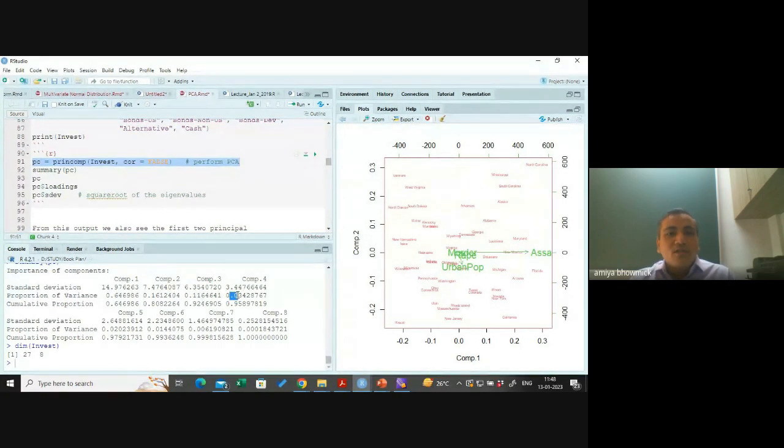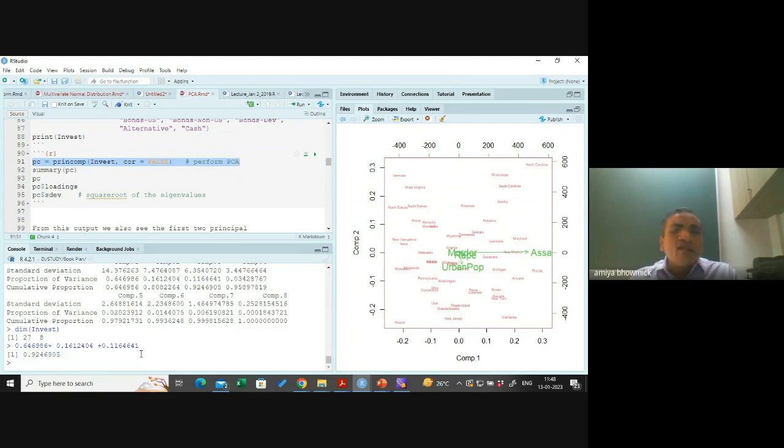The rest of them are only 3%, then 2%. If we just add them up, we get 92, right? So approximately 92% of the variation in the data is explained by the first 3 principal components itself, right?